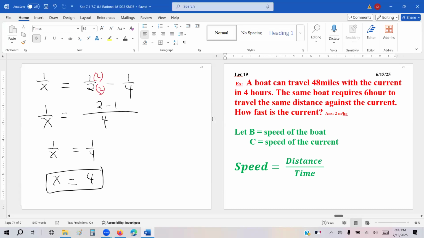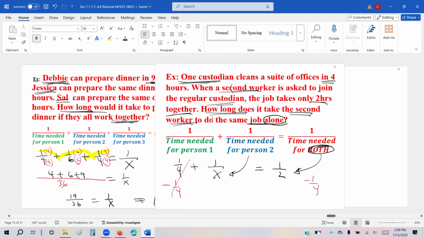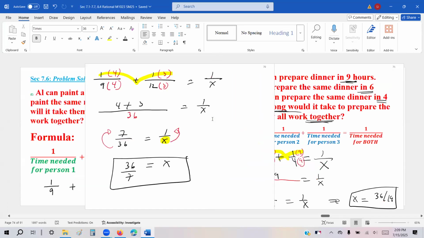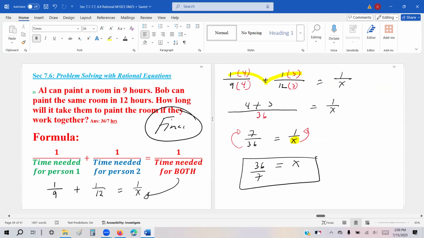It should be in the system of equations. But anyway, let me refresh your memory with what we did with the word problems. For word problems, there is only one question that is important, working together. Either you work together or some type of pipes work together to fill a tank, okay? The main idea is working together.